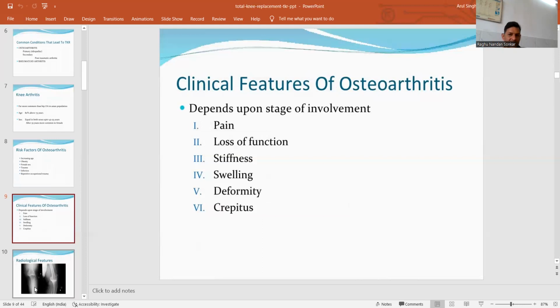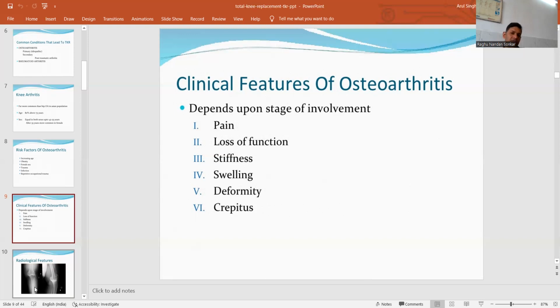Clinical features of osteoarthritis depend on the stage of involvement. We can see pain around the knee, especially in OA knee, swelling, stiffness, deformity, that is FFD, fixed flexion deformity, loss of function, less mobility, and we can also find crepitus.